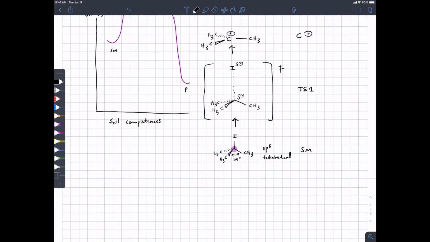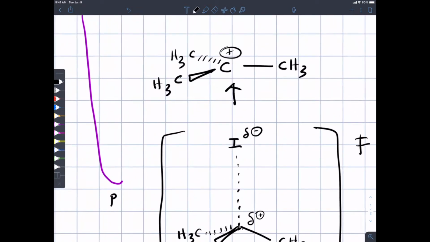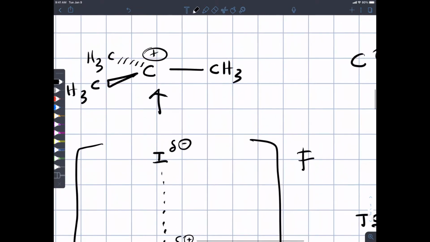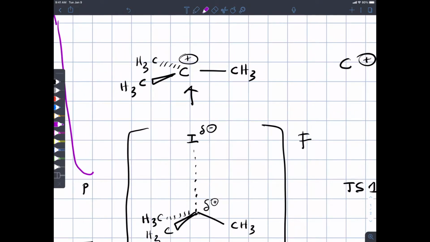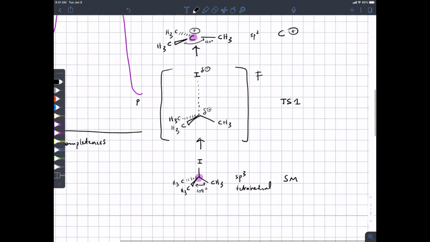Okay? In the intermediate, what's the hybridization of that central carbon? It's sp2, trigonal planar, and the bond angles here are 120 degrees. So they used to be closer together. They're moving farther apart as we get to the transition state.